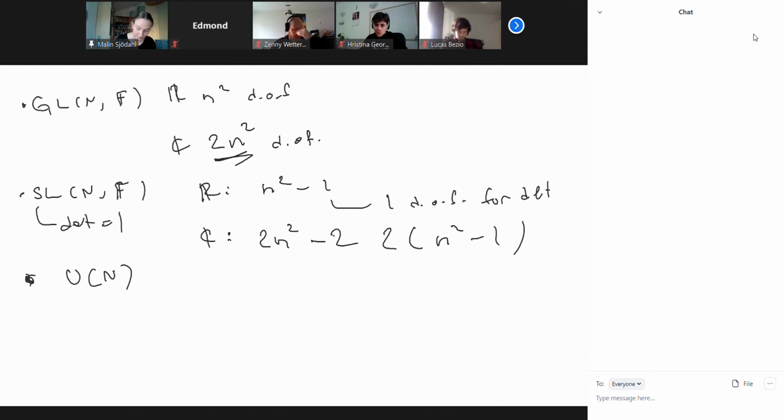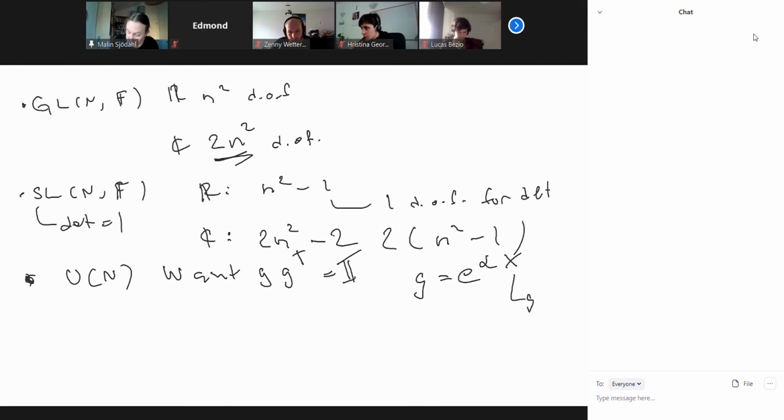So we want that G dagger G should be equal to 1 for the G's in U. So if we expand this out to lowest order and write G as e to alpha x for some generator.